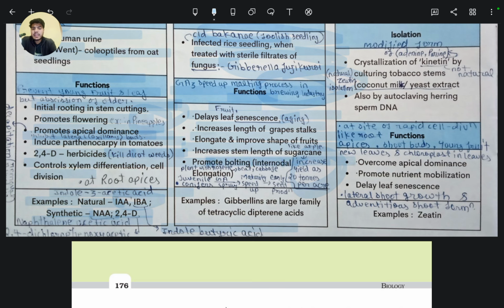Bolting is the internodal elongation in plants with rosette, for example beet and cabbage. If juvenile conifers are sprayed with GA, their maturity speeds up for early seed production. Gibberellins are a large family of tetracyclic diterpenoid acids.